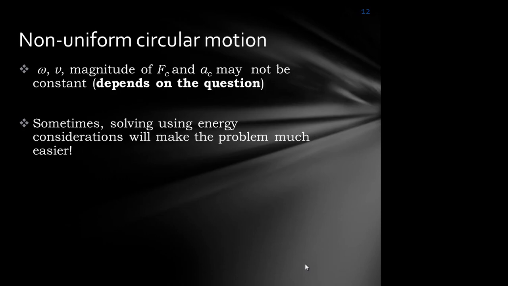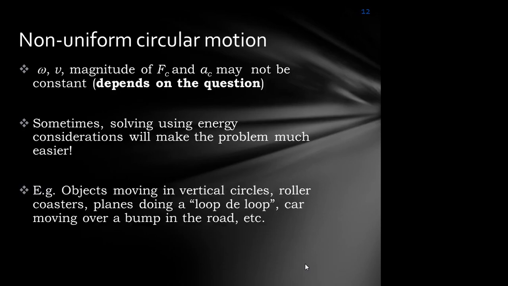For example, if a pendulum is being swung in a vertical circle, of course it will tend to speed up and slow down at different parts because it loses some of its KE and converts it to GPE. So if you lose KE, you definitely have to slow down. So you tend to slow down on the way up and speed up on the way down. And if you speed up and slow down, you don't have uniform circular motion. That's non-uniform circular motion.